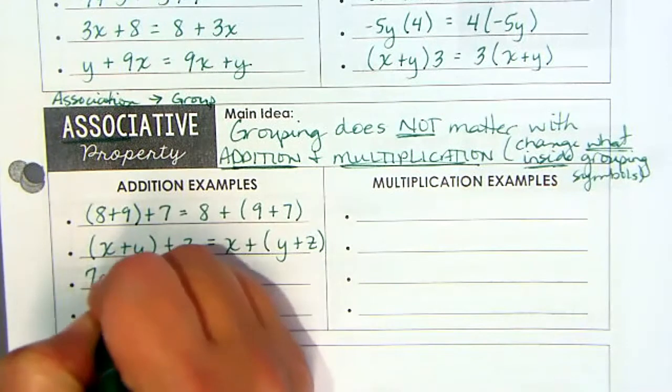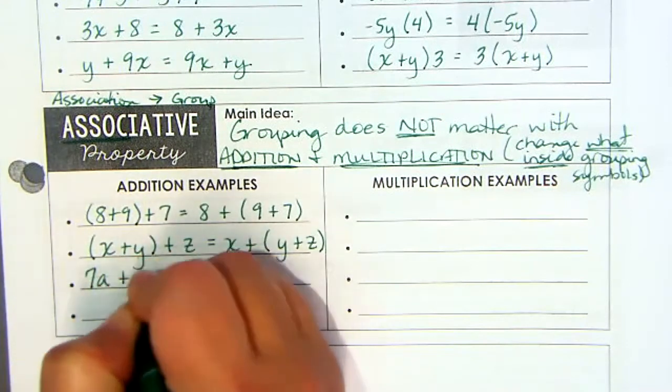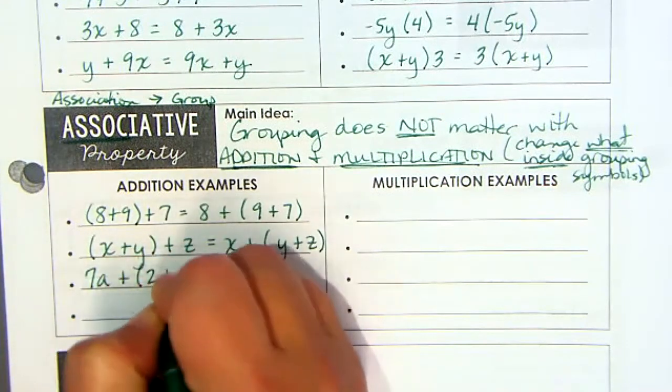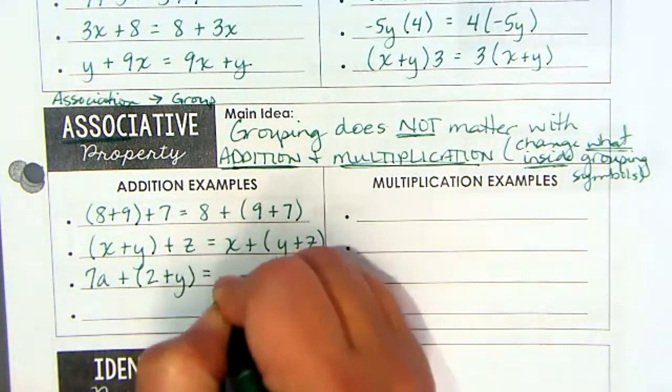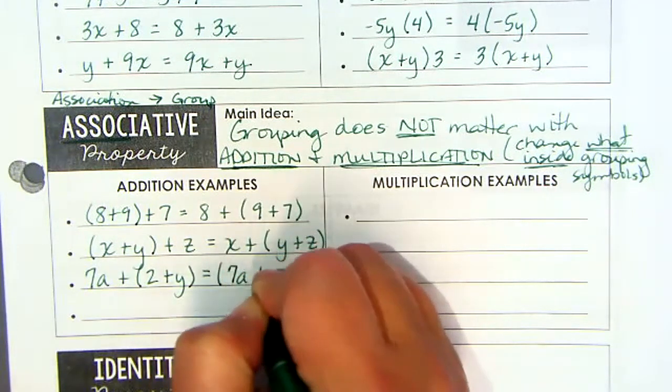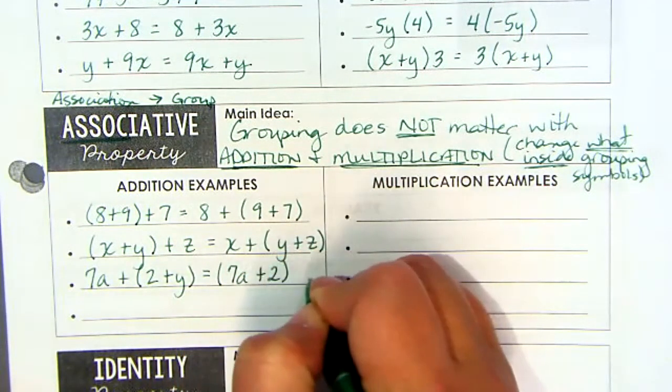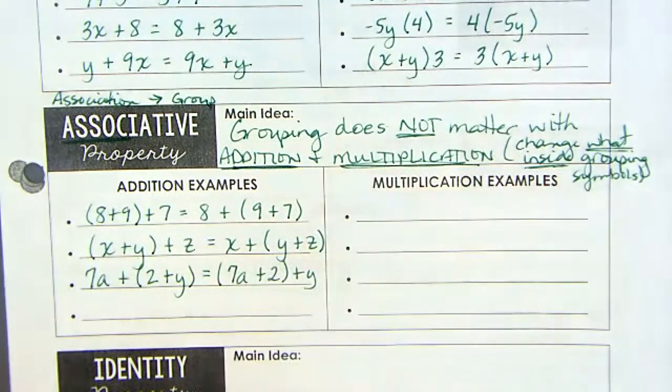Next example, 7a plus, open parentheses, 2 plus y, close parentheses, equals, open parentheses, 7a plus 2, close parentheses, plus y. It's just changed where the parentheses are located.